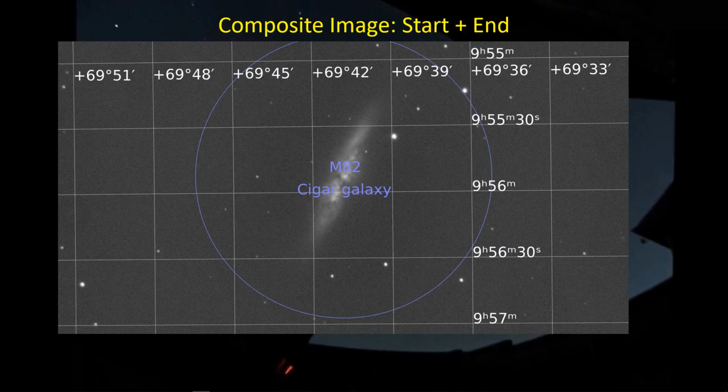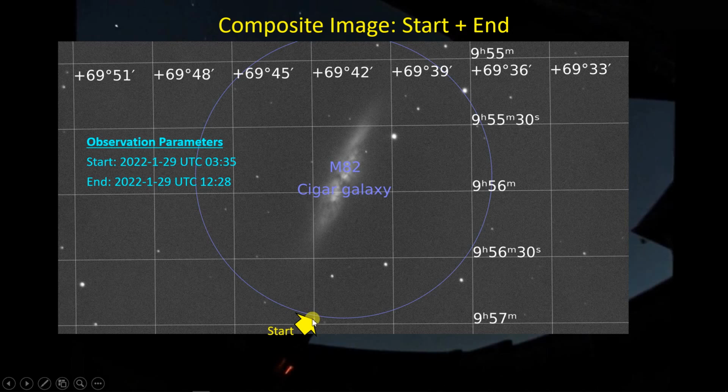I created a composite image from the first image I took that evening to the last image I took the next morning, and that spanned a range of observations from, in this case, the UTC time of 3:35 till 12:28 on January 29th. And the object started here, at a declination of 69.42 and just a little bit short of a right ascension of 9 hours and 57 minutes.